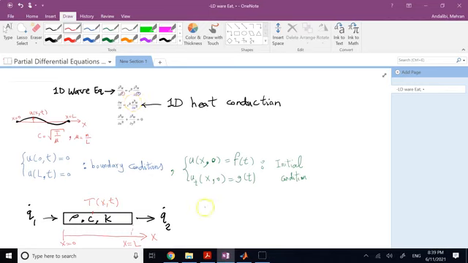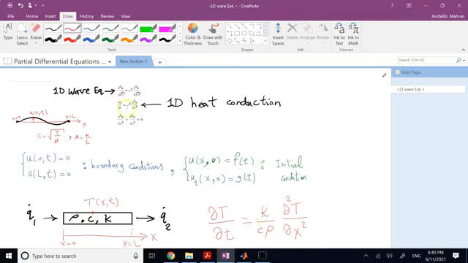Then your equation, as you can see over there, is that the partial derivative of T with respect to time is c squared times the second partial derivative of T with respect to x. Now, the c squared here for this problem, you can show it is going to be k over c times rho. Okay, so we call it the thermal diffusivity, and this depends on the material. Okay, so that's what you have.